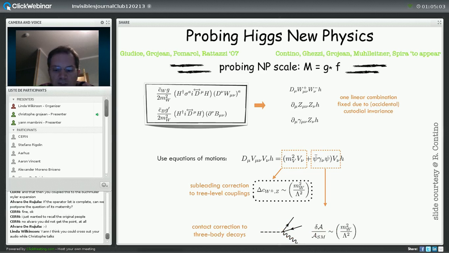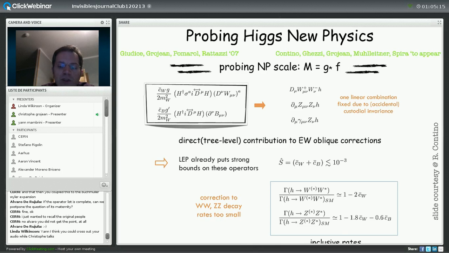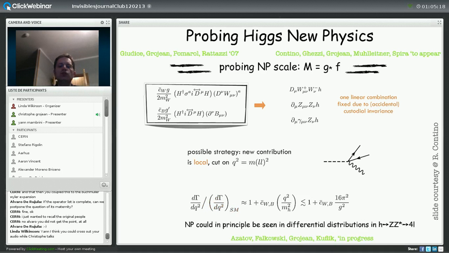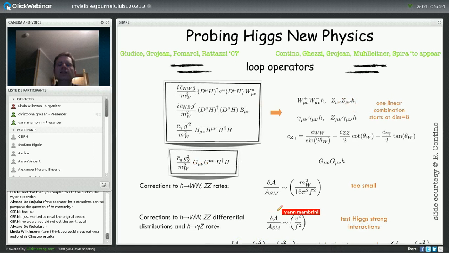This is an analysis that was performed quite generally by people like Alvaro and his CMS colleagues. Now you can reuse all their analysis to put some bounds on these dimension 6 operators, by looking at distributions instead of looking at the inclusive rates for these decays.